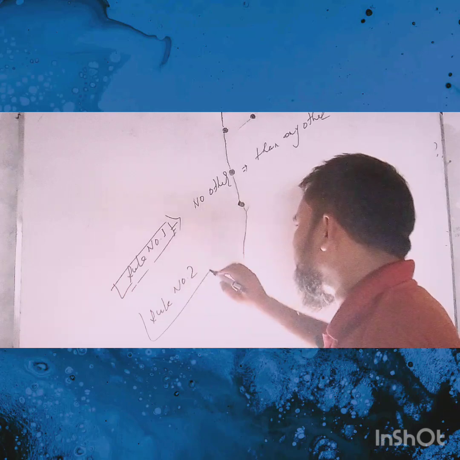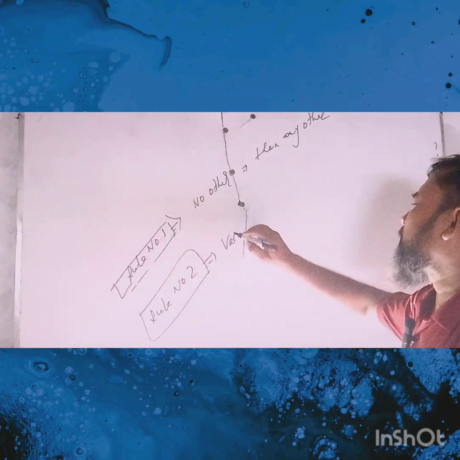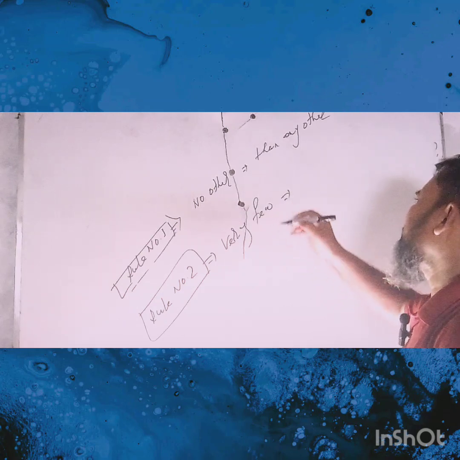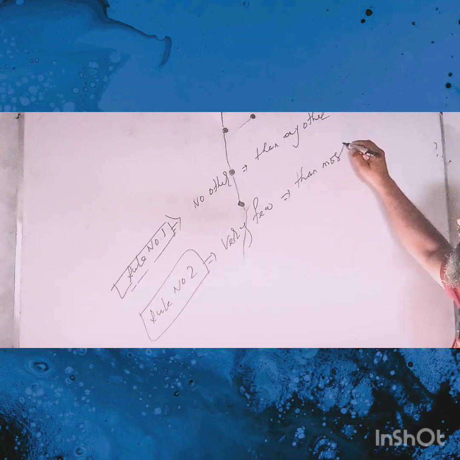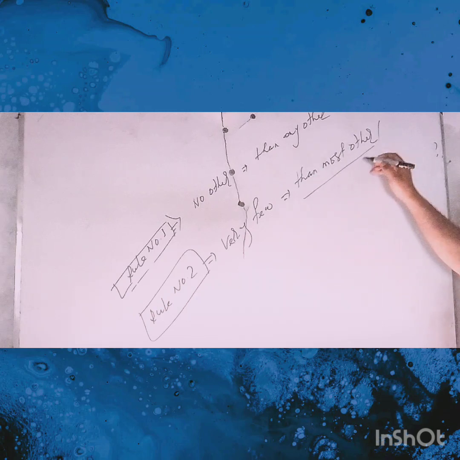Rule number two: you have to memorize the short form: very few equals than most other, oblique than few other.